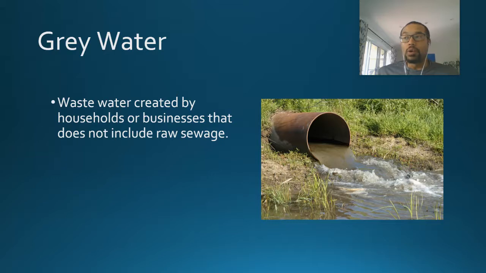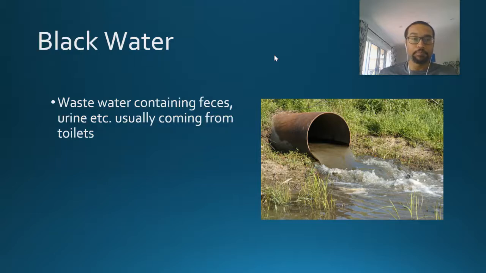It could be water from the shower or bathtub. Basically all of those, the kitchen sink, all the places except for the raw sewage that leaves through your toilet, which is called black water.